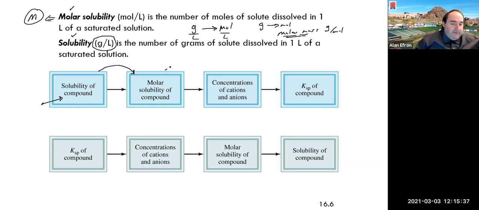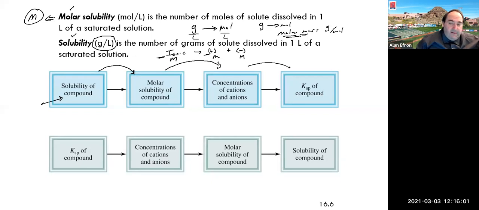We then can figure out the concentrations of the ions. Remember, we've talked a number of times that if you have an ionic compound that breaks apart into a positive ion and a negative ion, you can do the mole to mole relationship there. If you know the molarity of this compound, you should be able to figure out the molarity of each of the ions.